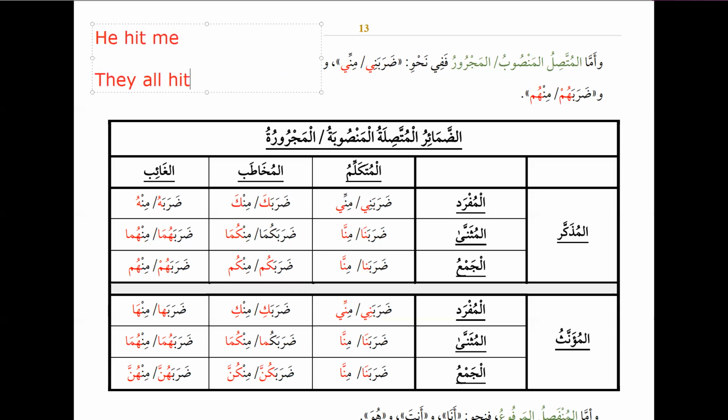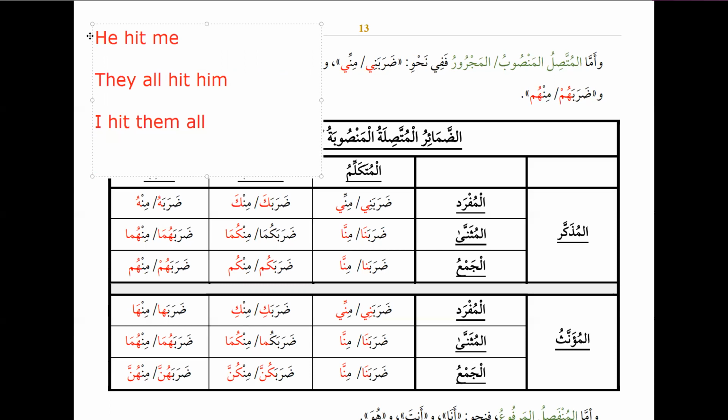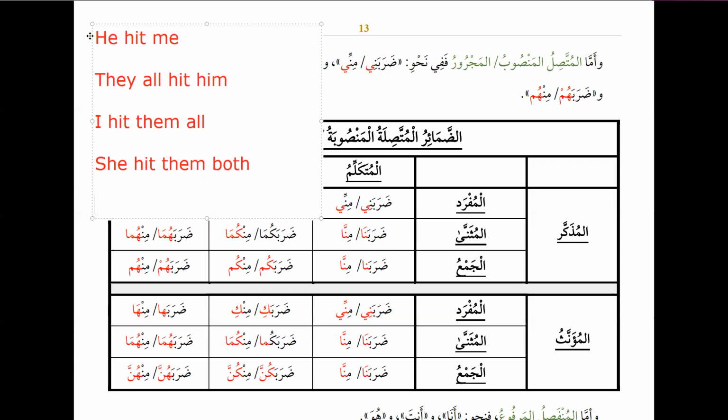They all hit him. I hit them all. Just vary it. She hit them both. They all, and this is for females, they all hit them both.